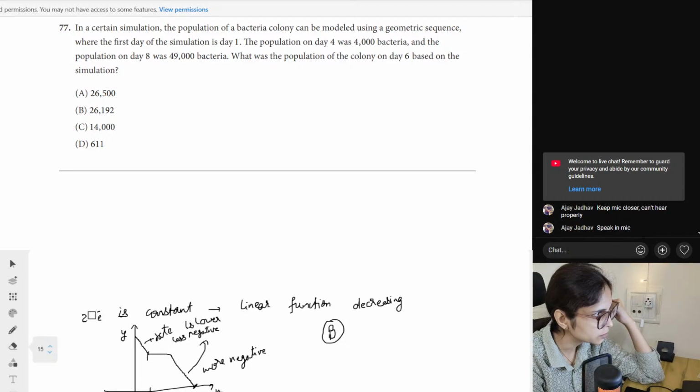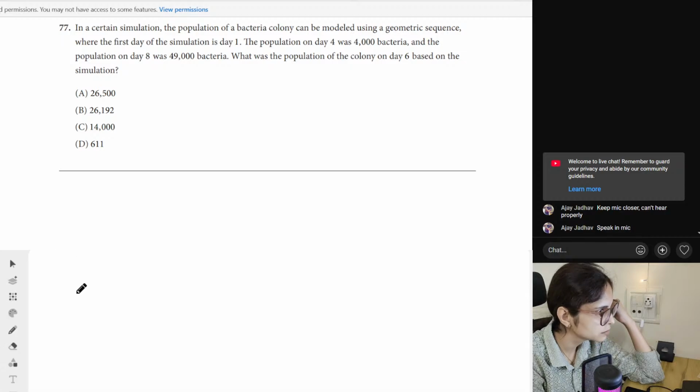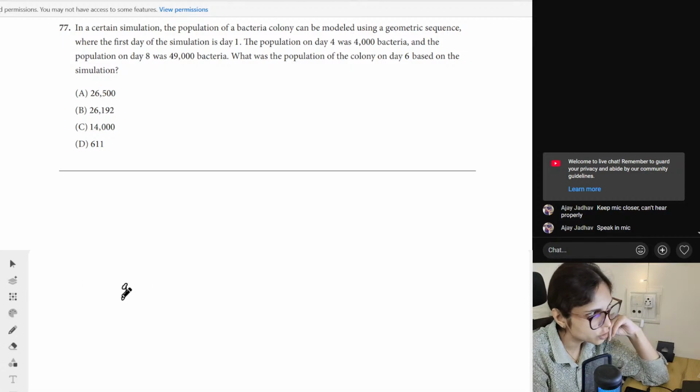So I think I can now, but I'll just refresh it. Yeah, so it's a geometric sequence. For that, the formula is Gn is equal to G1 R to the power n minus 1.